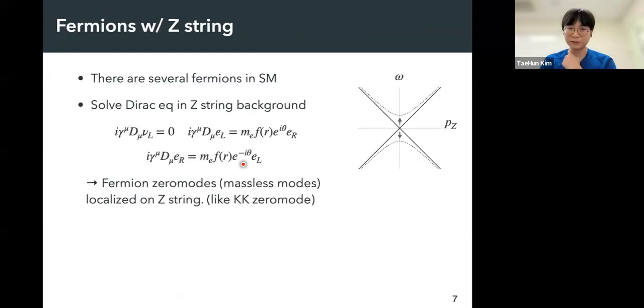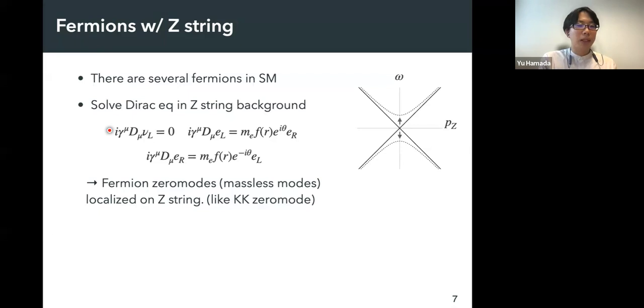But let's consider some fermions in the standard model. In the standard model there are a lot of fermions, and of course the Higgs doublet and the Z gauge field couple to the standard model fermions. So in that sense, this Z string also couples to the fermions.